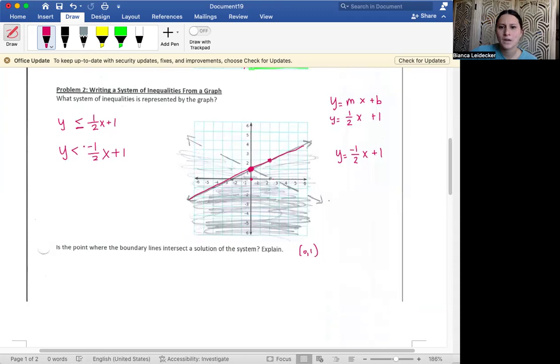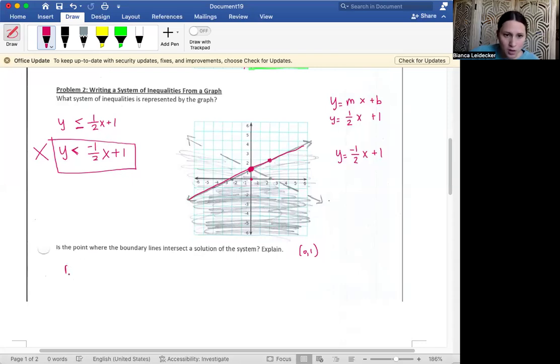However, if you were to plug that in, you would realize that it is not a solution for this equation because this equation does not have an equal symbol right below. And so if it's a point on the line, it's not a solution for y is less than -1/2 x plus 1.